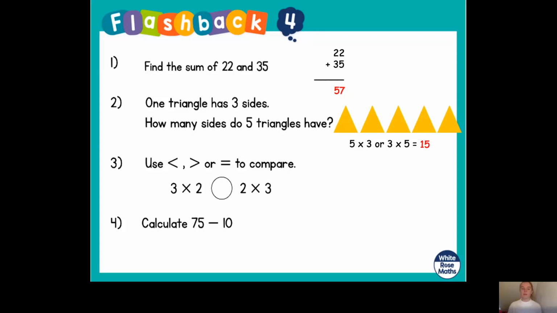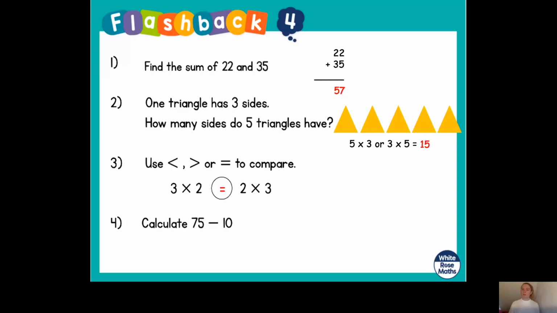Number 3, use less than, more than, or equal to compare. The first one is 3 multiplied by 2 and the second one is 2 multiplied by 3. What do you notice here? They're the same numbers, just switched around, aren't they? So we can use commutative law. If we know the answer to 3 multiplied by 2, that's going to be equal to the answer to 2 multiplied by 3, so they are equal.